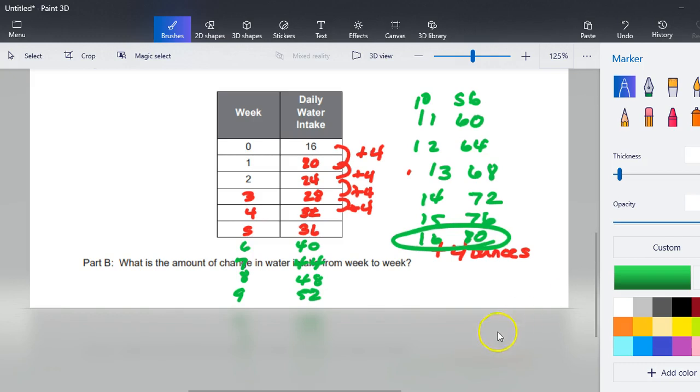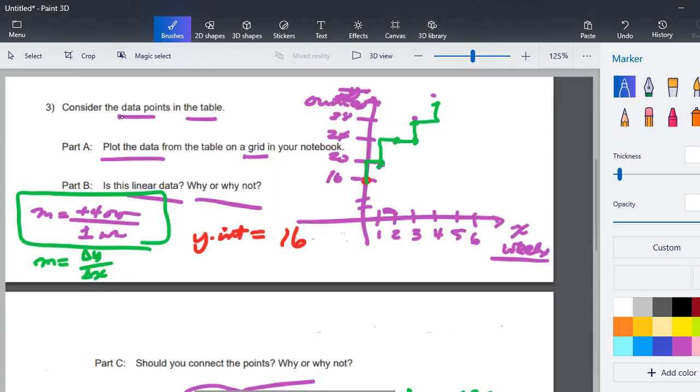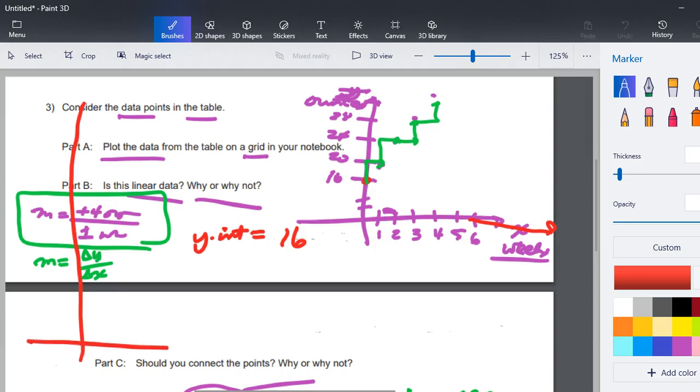Let's go look at the graph. To find the 80 ounces and how many weeks, we already know it's 16. But to find this answer, I've got too short of a graph. So I'm going to draw a graph again with 1, 2, 3, 4, 5, 6, 7, 8, 9, 10, 11, 12, 13, 14, 15, 16 weeks.